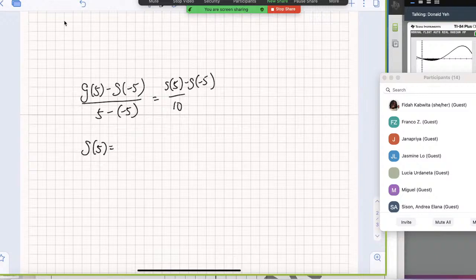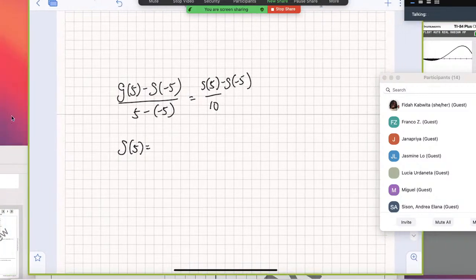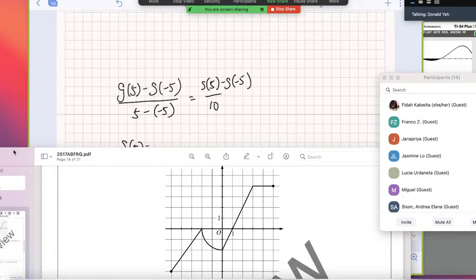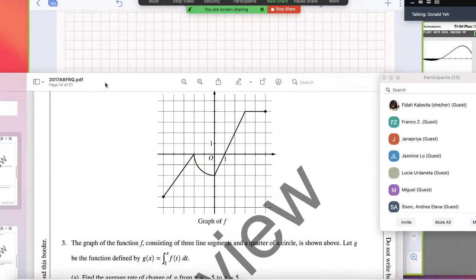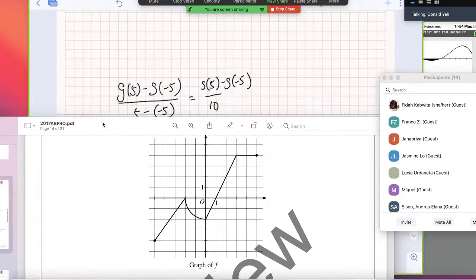So I'm going to pull the graph back out and look at the graph. g of 5 is, they say g of x is equal to the integral from 1 to x of f(t) dt. So the graph is f.